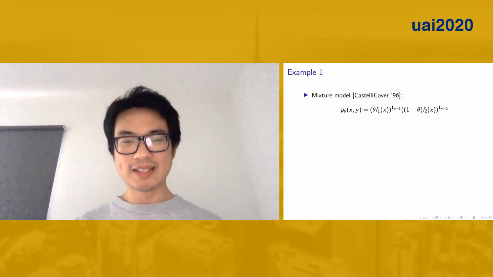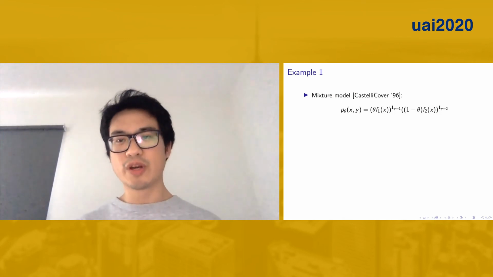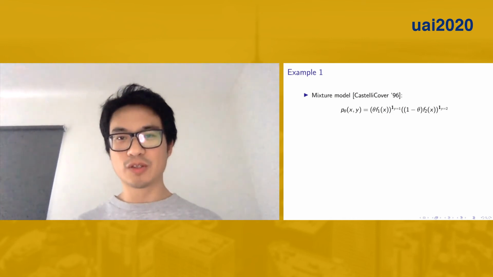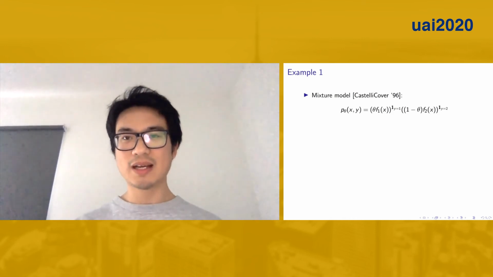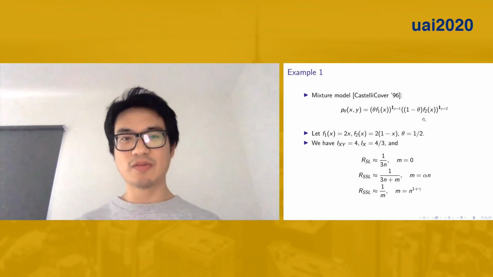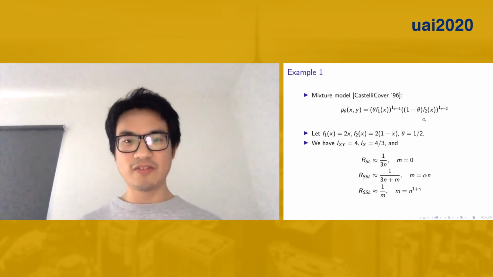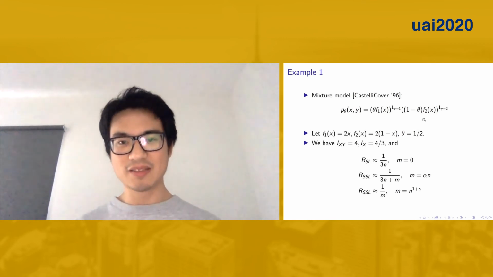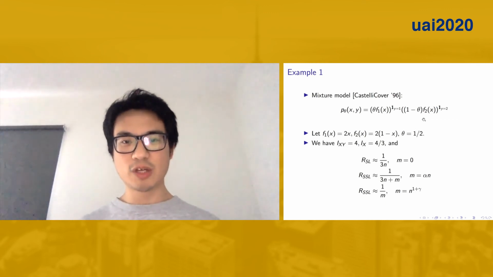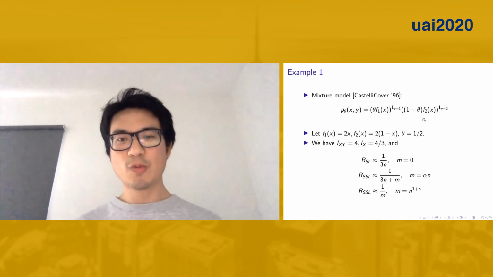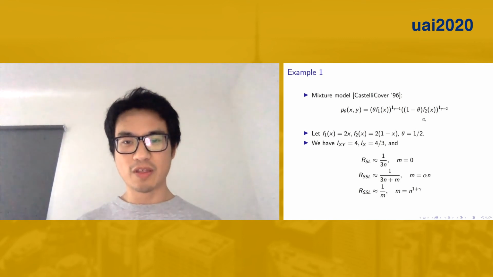To give you an example, we consider the mixture model where we first sample the class 1 or 2 with probability theta and 1 minus theta. When we have the class, we sample a feature from those two density functions. In this case, we can calculate those Fisher information matrices explicitly. They are scalars, and we show that for supervised learning, we have the convergence rate of 1 over 3m.